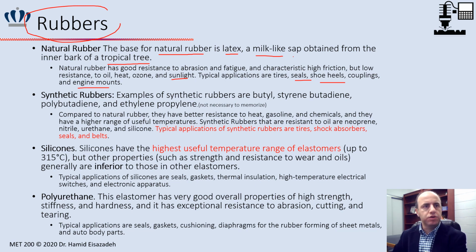The next group is synthetic rubber, for example, styrene butadiene. Compared to natural rubber, they have better resistance to heat, and typical applications of synthetic rubbers are tires, shock absorbers, and belts. Silicone has the highest useful temperature range of elastomers, up to 300 degrees Celsius.